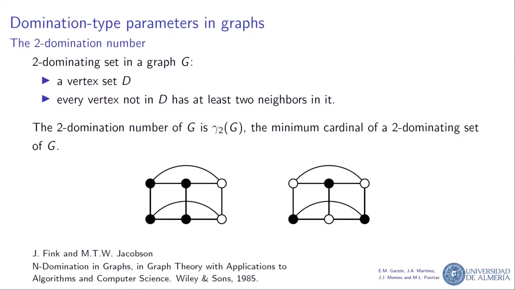On the left, the set of black vertices is a 2-dominating set with 4 vertices, and it is not minimum because on the right you have another example. Black vertices again is a 2-dominating set. Note that each white vertex has at least 2 black neighbors. Indeed, the white vertex on the bottom line has 3 black neighbors. In this case, it is minimum, and the 2-domination number of this graph is 3.